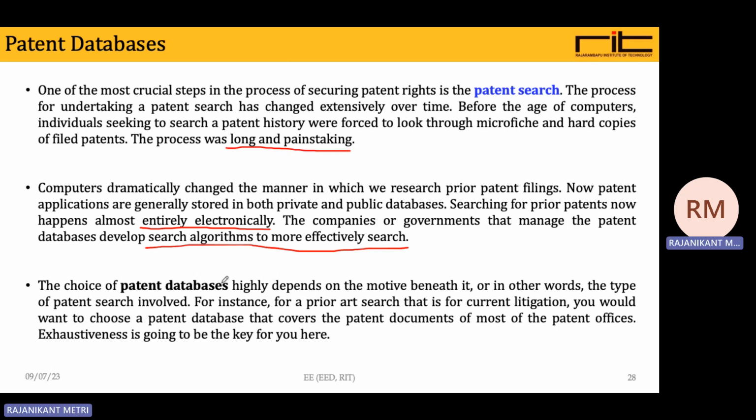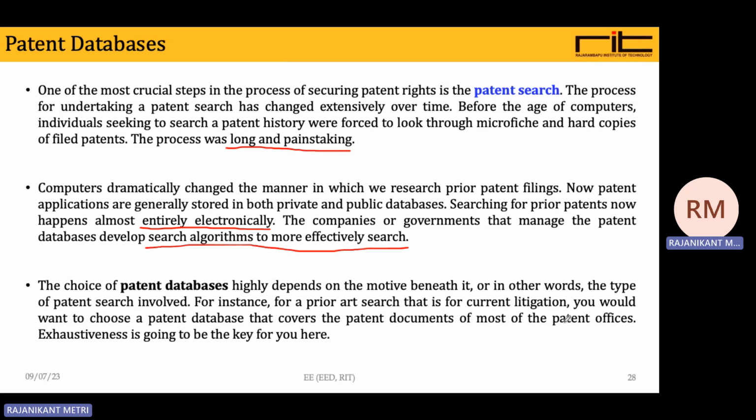The choice of patent database highly depends on the motive behind it, or in other words, the type of patent search involved. For example, a prior art search for current litigation: you would want to choose a patent database that covers the patent documents of most of the patent offices.